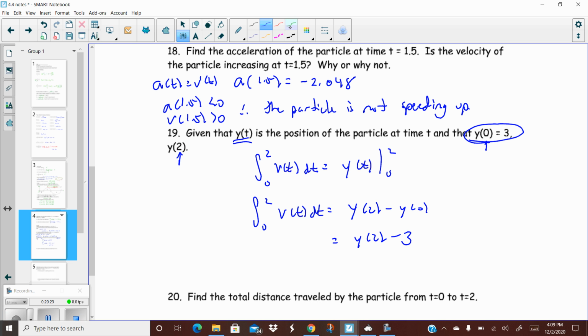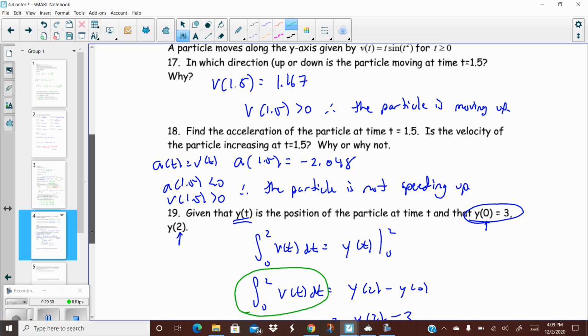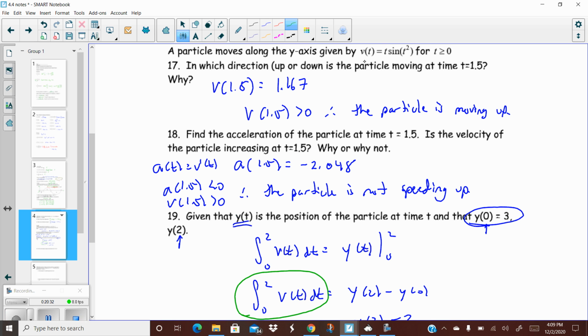I can find this integral because I'm allowed to use my calculator to do the integral from 0 to 2. And that's going to be the integral of this velocity function from 0 to 2. So let's go ahead and pull the calculator back out.